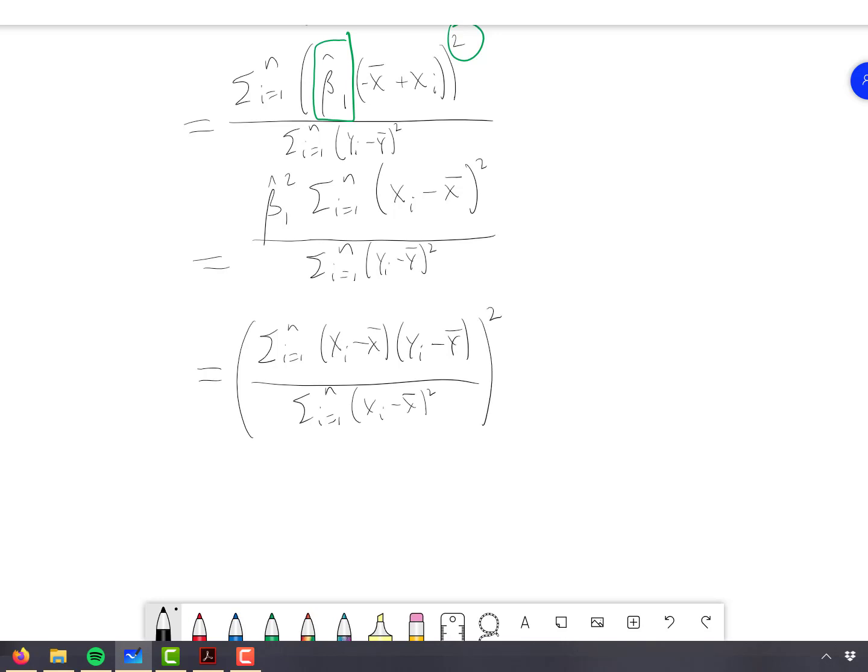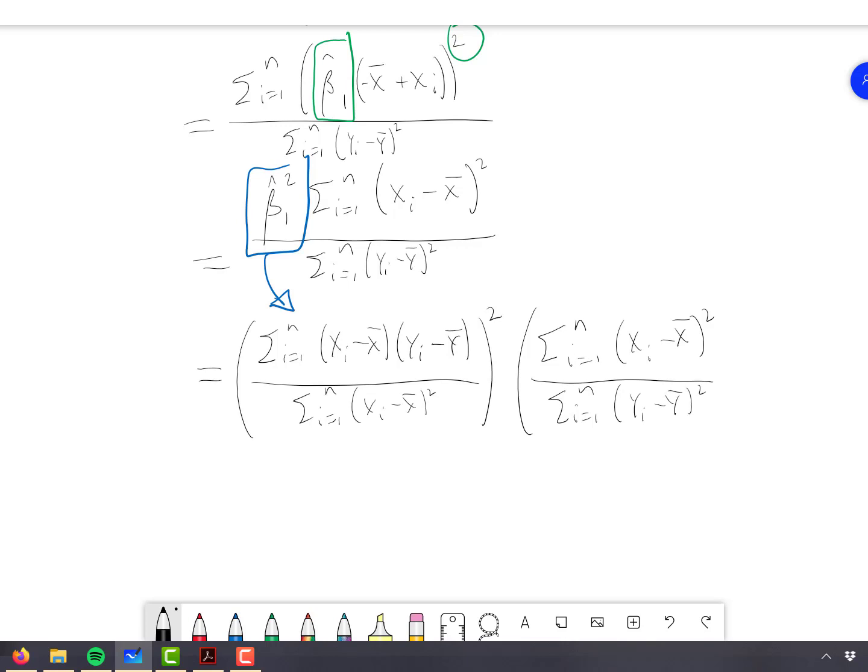And of course here it's all squared, because that's what we have for our term of beta hat 1 squared. We'll then just multiply that by the sum of i equals 1 to n of x i minus x bar squared, and then divide by the sum of i equals 1 to n of y i minus y bar squared.